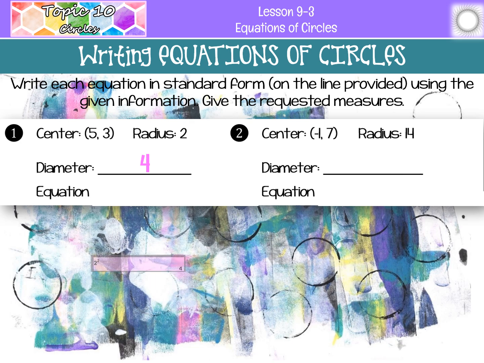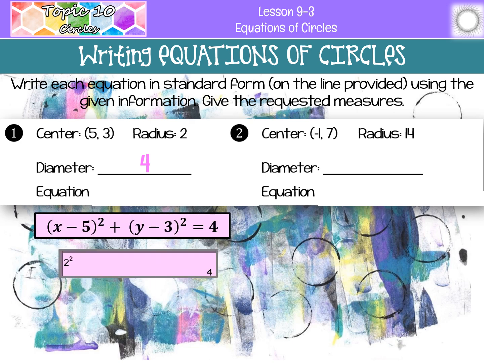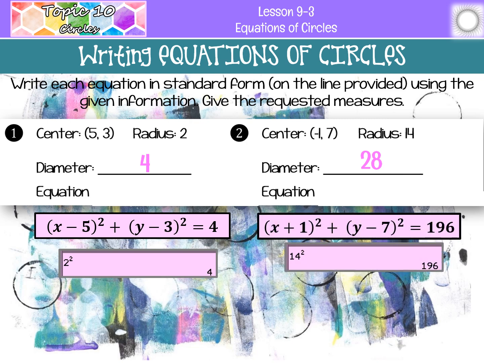And the equation is going to be the quantity x minus 5 squared plus y minus 3 squared equals 4. Number 2, radius is 14, so diameter is 28. Equation, we got to square the 14, and we get the quantity x plus 1 squared plus the quantity y minus 7 squared equals 196.